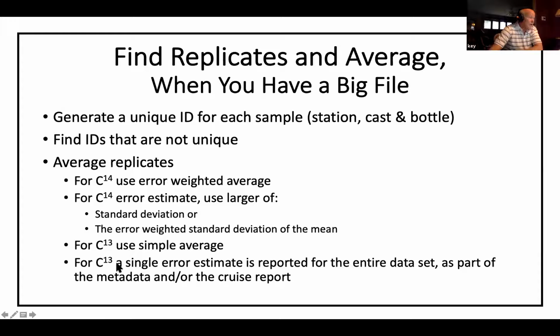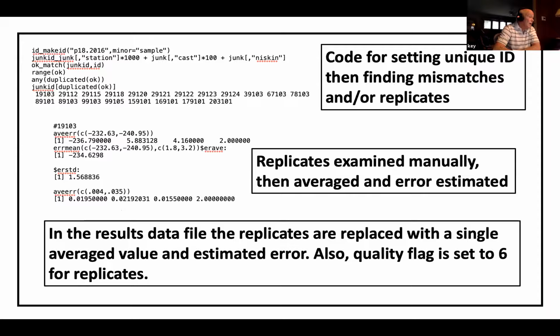And the other way to do it is, nowadays we're trying to get people to put what I call a README at the top of every cruise database, at the top of every cruise file. It's just a really, really terse bit of text. Under the entry up there that says C13 was measured, that's a good place to put the C13 estimate for the data set. So then you would have it in two places.